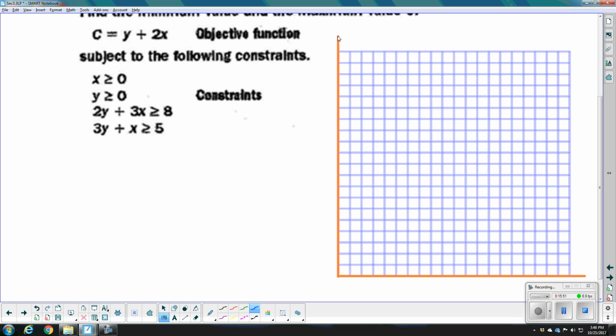So if y is 0, then my x is 8/3. Let's see.